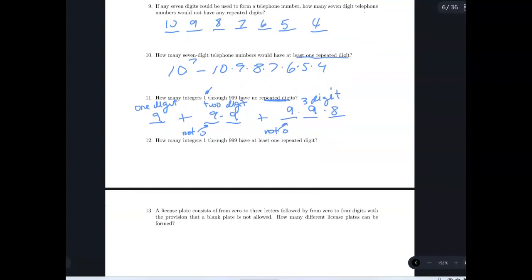Okay, same problem, at least 1 repeated digit. So that's going to be all of the ways of 999 minus 1 plus 1, so that gives me 999 numbers total. So that's all, right? All subtract no repeats. And that's what we just did. Oops, plus 9 times 9 plus 9 times 9 times 8.